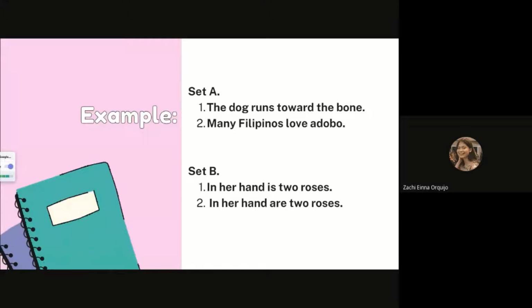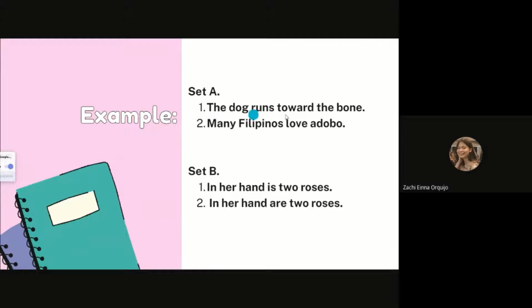So, most of the sentences in English ay nagfo-follow sa ganong rule na subject-verb agreement, or dapat naman talaga na nagfo-follow tayo sa subject-verb agreement para maintindihan tayo ng kausap natin. But in most cases, in English sentences or language, laging nauuna yung subject bago yung verb.